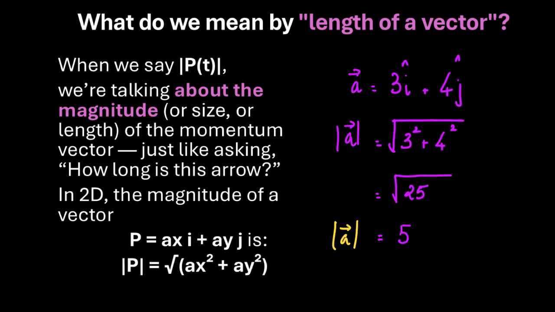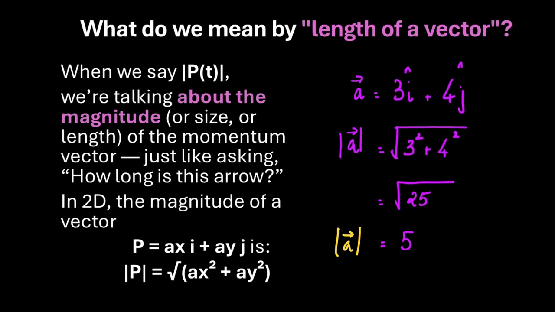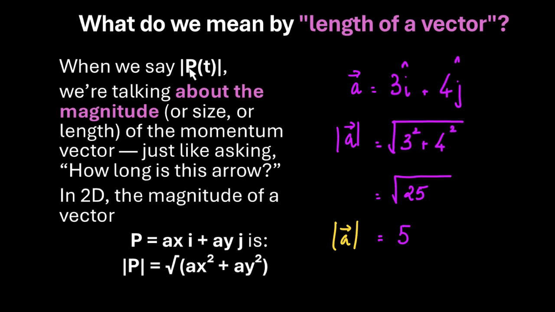What do we mean by the length of a vector? Why is this relevant? Because we've been given this momentum vector here. So when we say magnitude of vector, I should be more precise here, magnitude of momentum vector, we're talking about the magnitude or size or length of that vector.